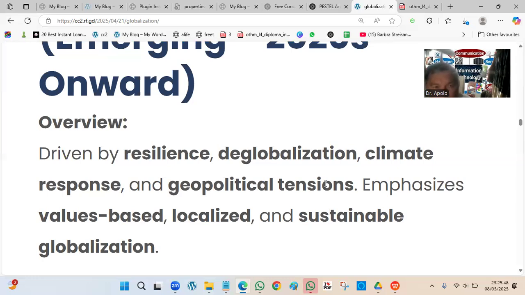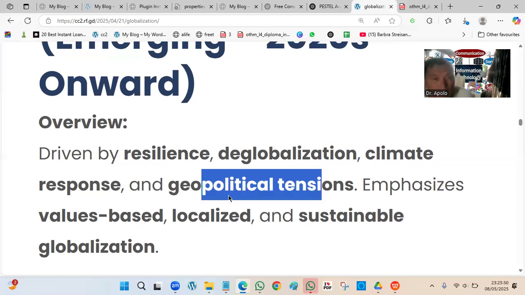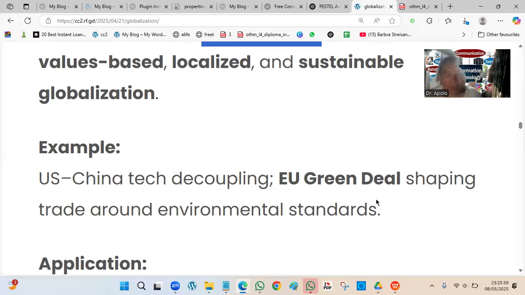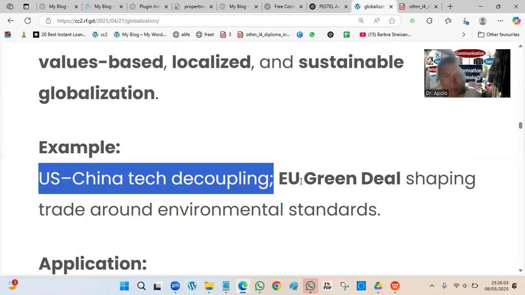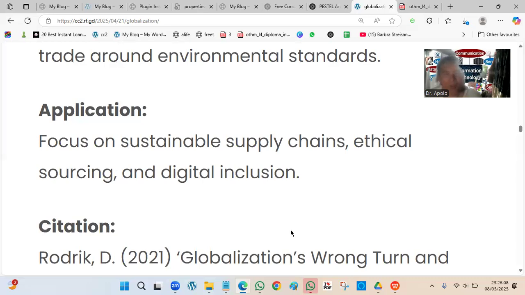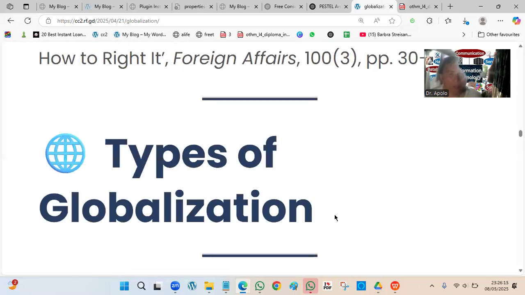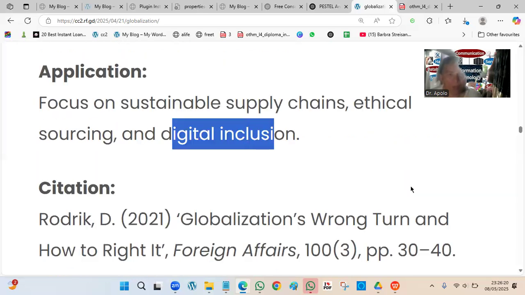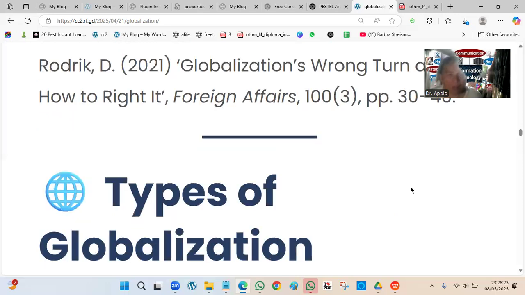Geopolitical tension means the free world and the communists still continuing, and the US and China technology decoupling, meaning they are drifting apart. Then the EU Green Deal is shaping trade around environmental standards. The implication: a focus on sustainable supply chains, ethical sourcing, and digital inclusion. Digital inclusion means all people are enjoying the services of online technology.